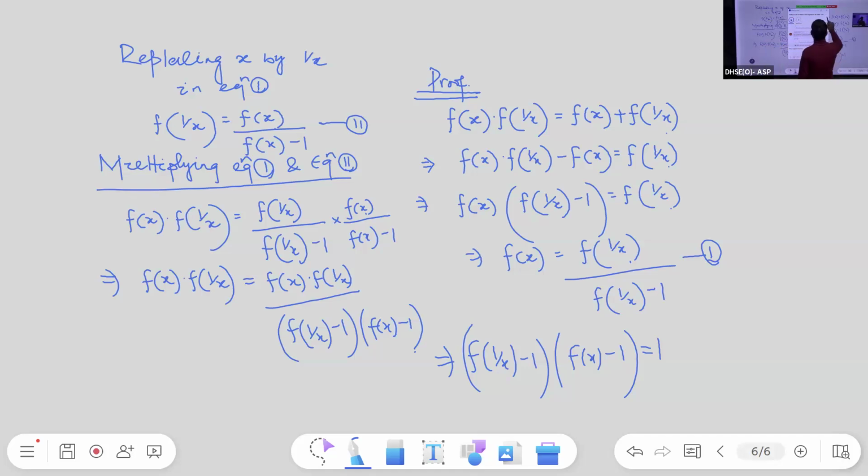Tuna, it is 11 class maths. It is 11 class means 11 class JEE syllabus. IIT JEE syllabus, not the board syllabus. Okay.